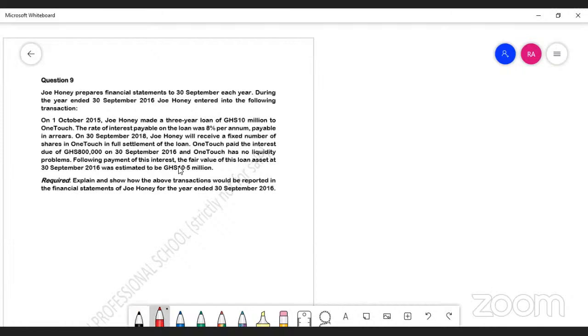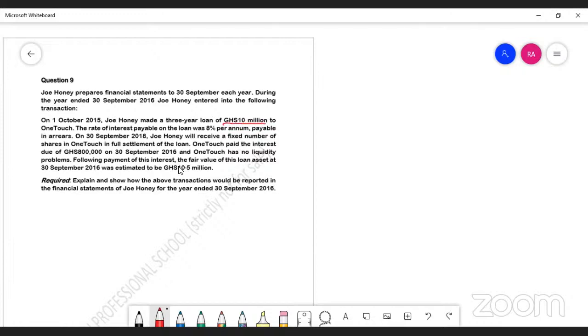Johanny prepares financial statements to 30 September each year. During the year ended 30 September 2016, Johanny entered into the following transactions. On 1st October 2015, Johanny made a 3-year loan of 10 million to One Tax.